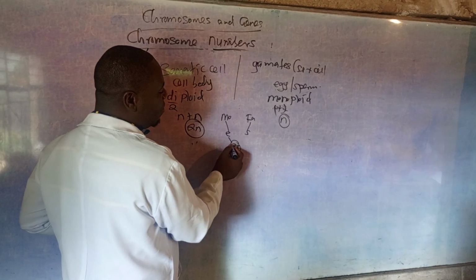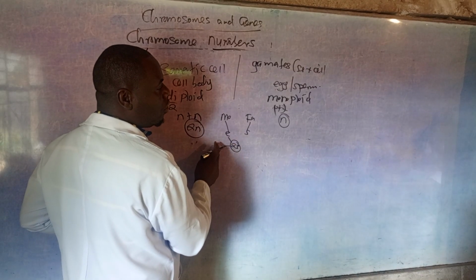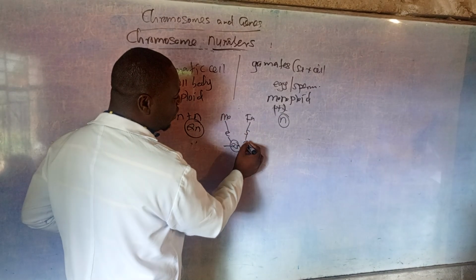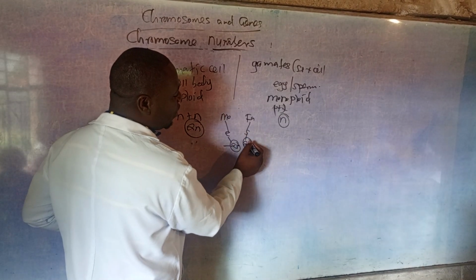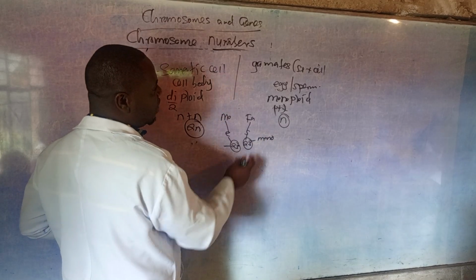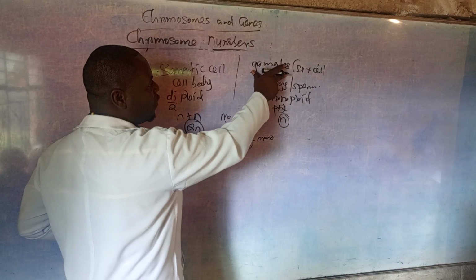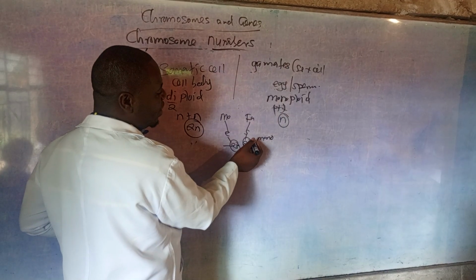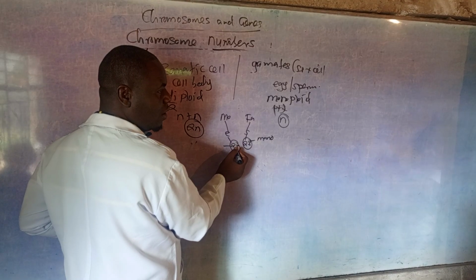This number is called monoploid. The father's sperm also has 23 chromosomes, also monoploid. Both are gametes.